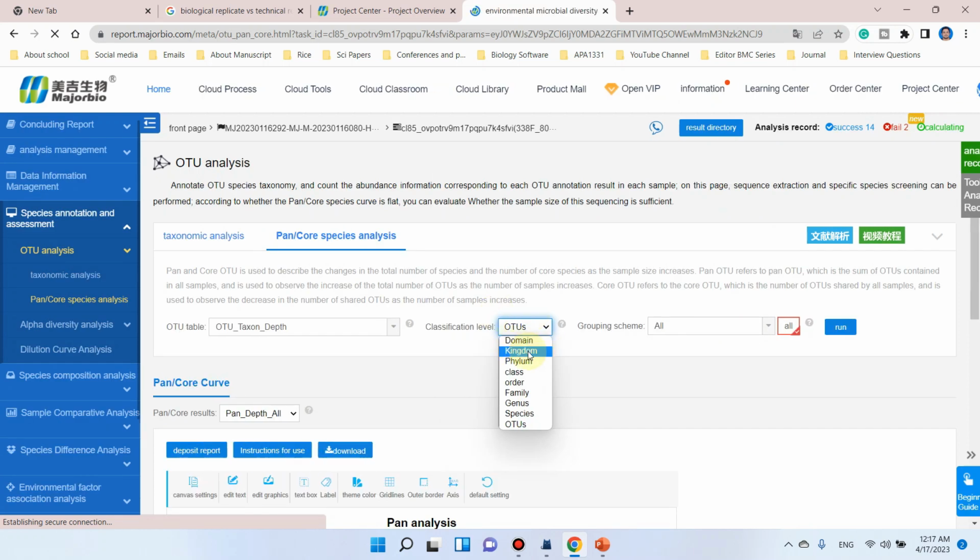Then domain is divided into kingdom, kingdom is further divided into phylum, phylum into class, class later on into order, and order is further subdivided into different families, and families are divided into genus and species. These are the taxonomic units of microbiome diversity analysis.